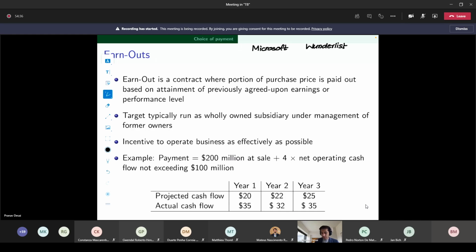And what Microsoft does in this case is that it pays a portion immediately of the payment, but then it also pays a portion of the payment conditional on performance of Wunderlist.